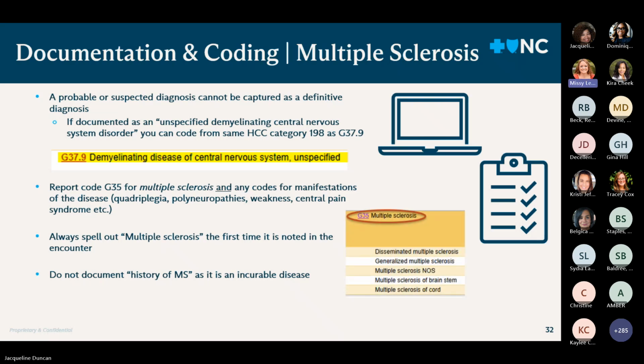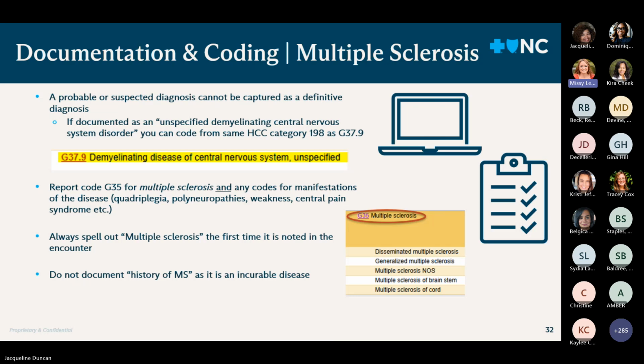Some important codes for coding multiple sclerosis include that there is only one code for definitive diagnosis of MS, and that's G35. But it is always important to document severity and code any manifestations of the disease, including quadriplegia, polyneuropathies, weakness, or central pain syndrome.